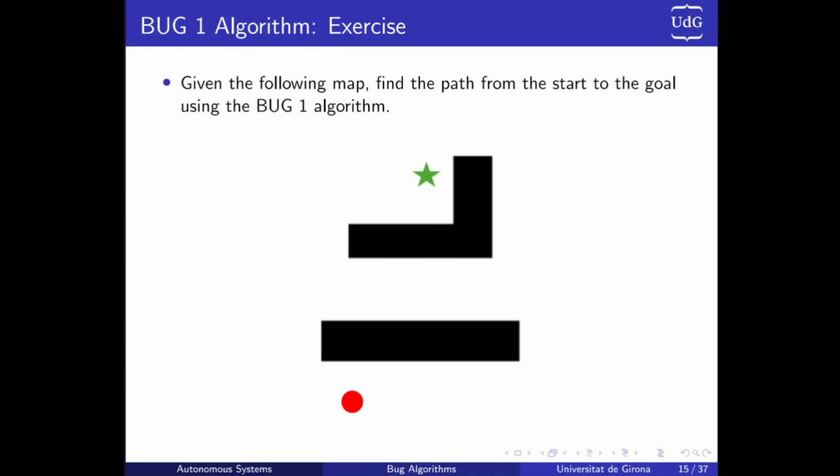Let's try to do it, okay? It's exactly the same environment as before. Here it doesn't matter if I start left or right, okay? Then I just move toward the goal until I find an obstacle. The moment I find an obstacle, I circumnavigate the full obstacle. And at every point around this obstacle, I measure the distance, which is always the closest distance between two points, the straight line.